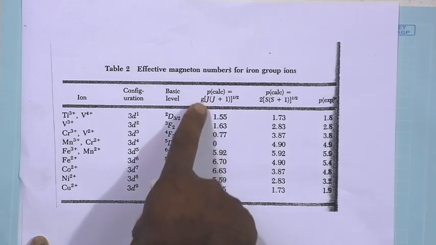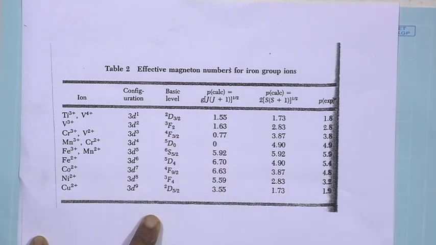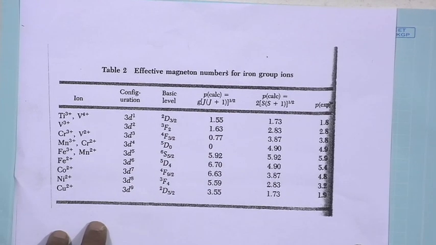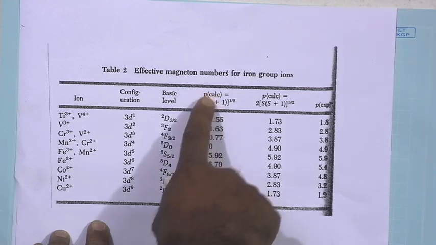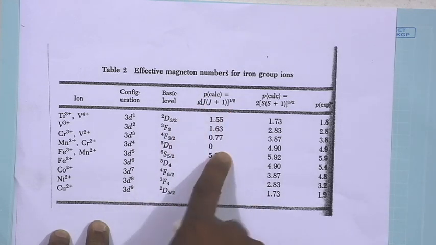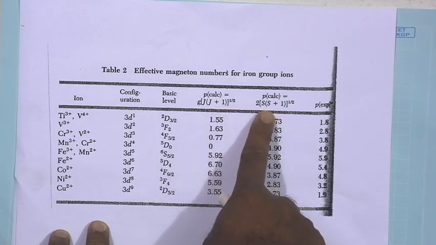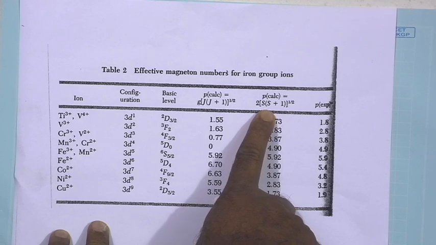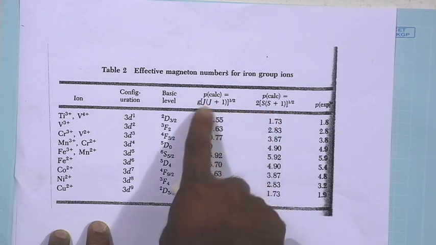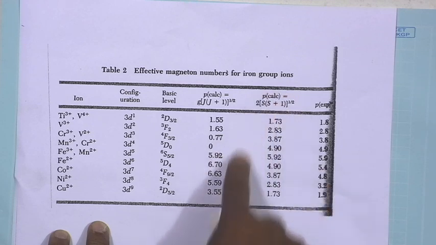So, if you consider J, the total angular quantum number, and calculate P effective, this is the number. And if you consider only spin angular momentum, if you neglect the orbital angular momentum, then P effective is this one.